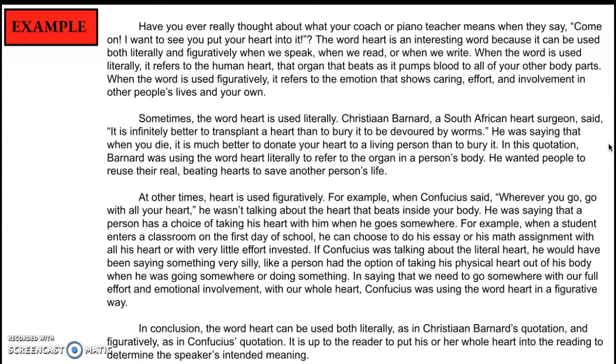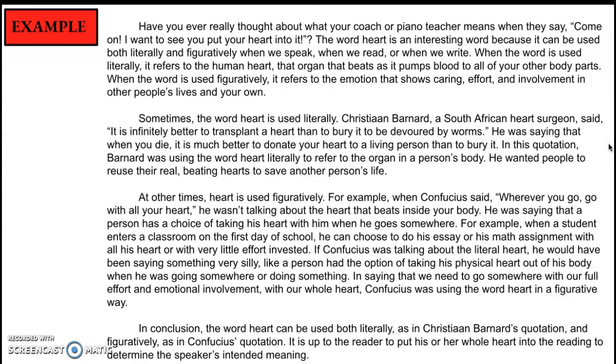If Confucius was talking about the literal heart, he would have been saying something very silly, like a person had the option of taking his physical heart out of his body when he was going somewhere or doing something. In saying that we need to go somewhere with our full effort and emotional involvement, with our whole heart, Confucius was using the word heart in a figurative way.